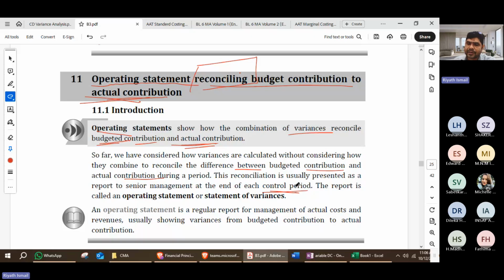Some companies have a control meeting every month, some quarterly, some annually. The report is called an operating statement or statement of variances. An operating statement is a regular report for management of actual costs and revenues, usually showing variances from budgeted contribution to the actual contribution. So this is the report they are submitting.